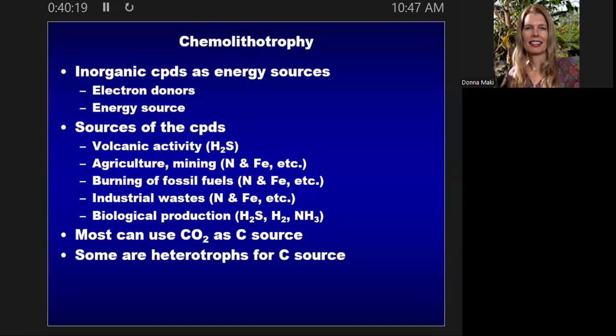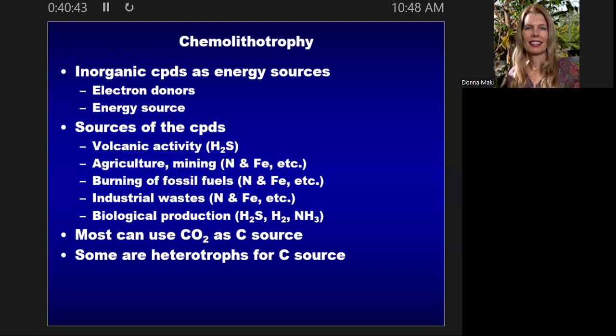Some kind of hedge their bets. They grab electrons from inorganics, but they're not quite good enough to use carbon dioxide as a carbon source. They didn't evolve that ability. So they rely on some carbon-based substance near them, like maybe decaying leaves that are releasing some carbon that they can snag and take. So heterotrophs, we're heterotrophs.